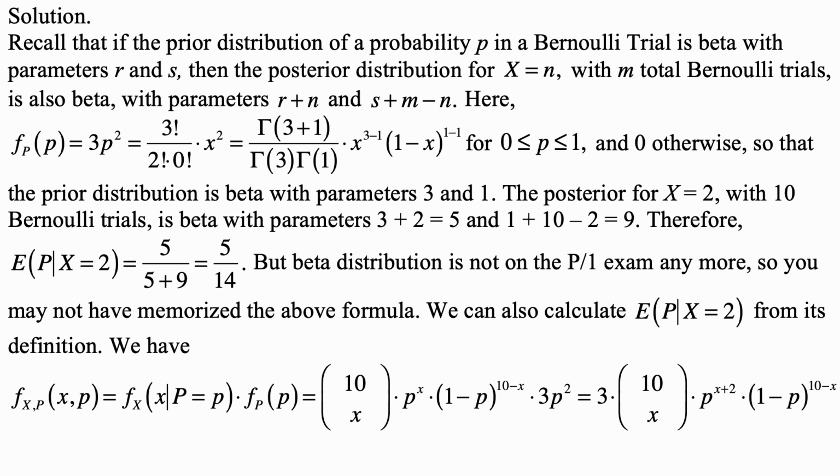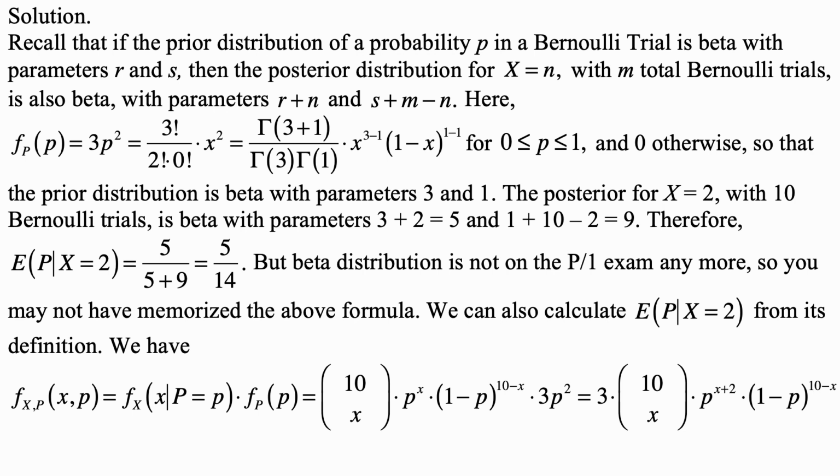We have f sub X,P of x,p, the joint density, equal to f sub X of x, given that P is equal to p, times f sub P of p. And the first expression, well, that's 10 choose x times p to the x times 1 minus p to the power 10 minus x.